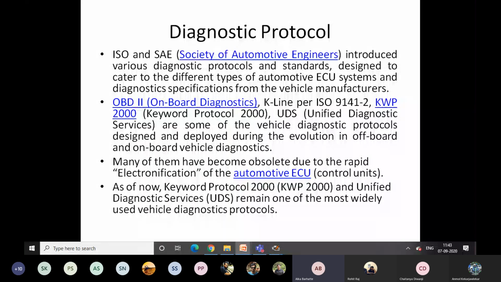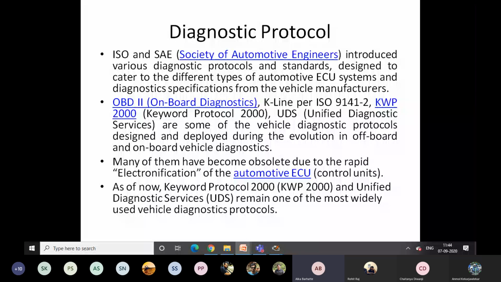These are known as diagnostic protocols. Under diagnostic protocols we are going to go through a brief description of the KWP 2000 protocol and the UDS protocol. We'll see these two protocols. A diagnostic protocol is nothing but the set of rules defined by ISO and SAE for communication between the ECU under diagnostics and the tester.